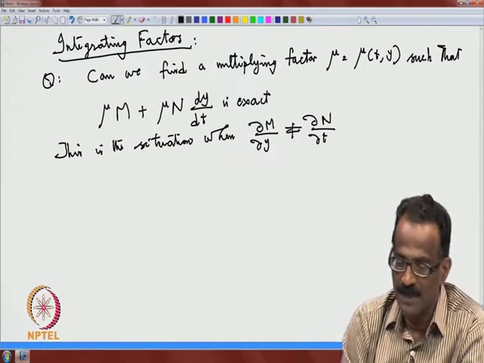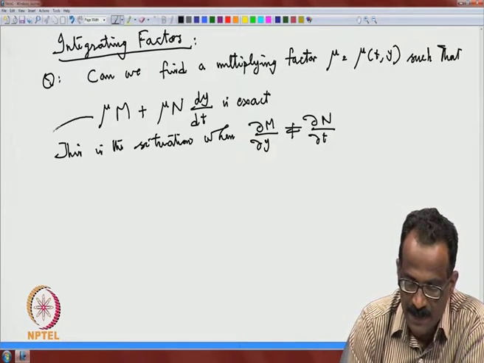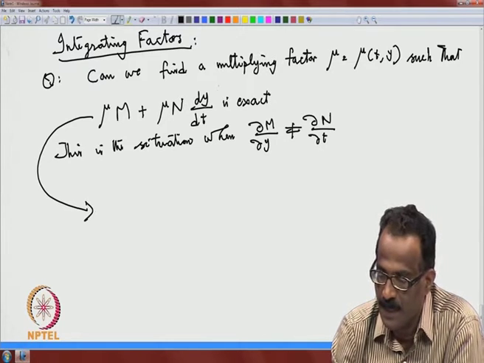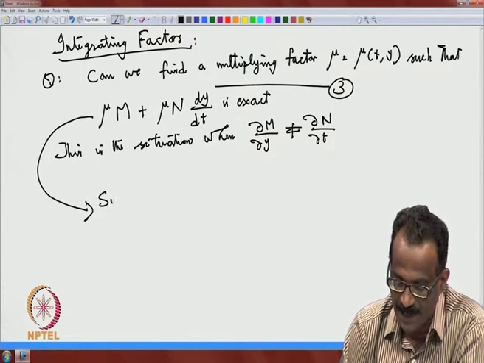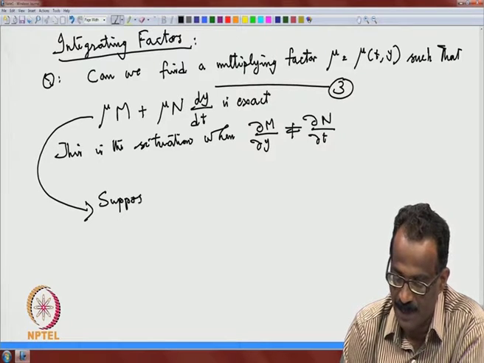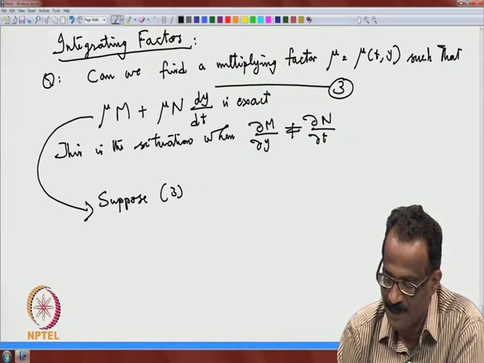So now let us suppose this equation, let me call it 3, is exact. What does that mean again?